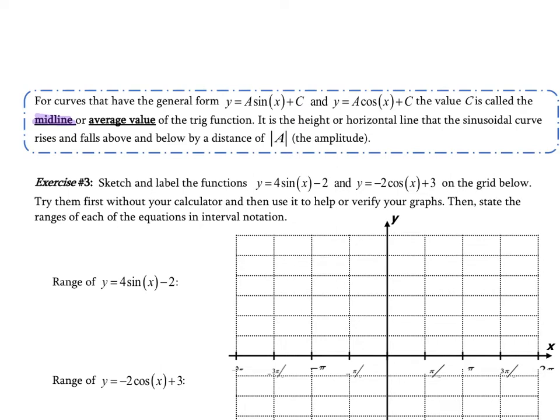It is the height or horizontal line that the sinusoidal curve rises and falls above and below a distance of the amplitude. So basically they're saying the midline is the c and the amplitude is how many up and how many down from that line.